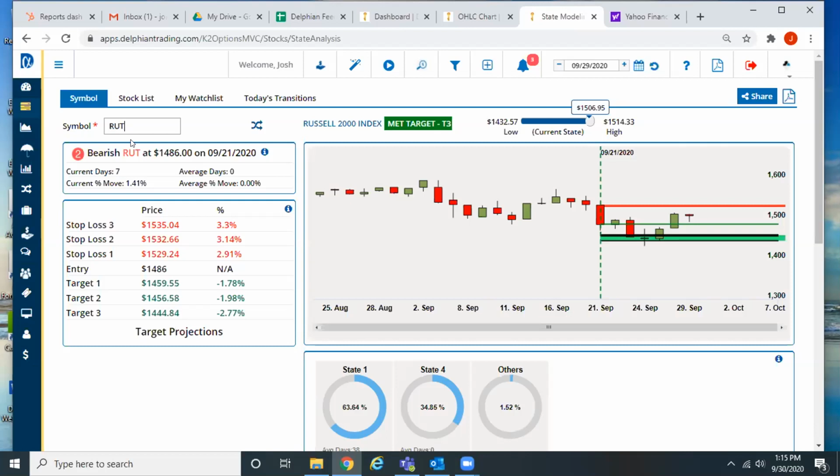So that'd be a key level. I'd be watching those stop losses. If you can get through that, look for it to get back into state 1, but that could be a resistance level as far as the Russell. But right now, when it bounces off that target 3 like that, especially in unison, pretty much all the indices did that. That's a pretty strong bullish indicator.